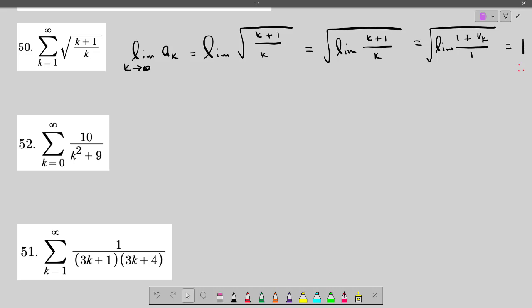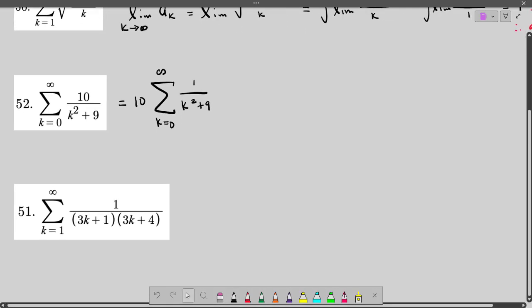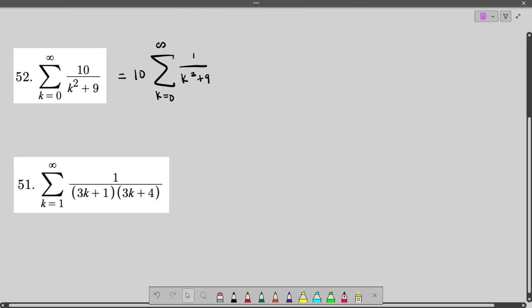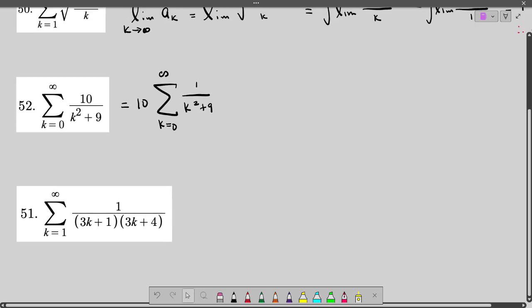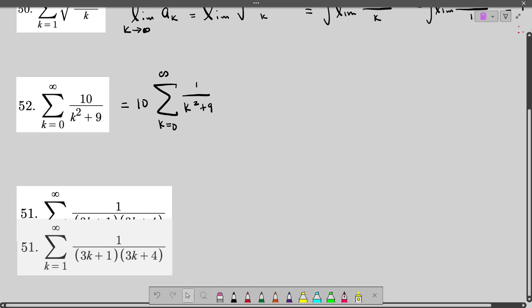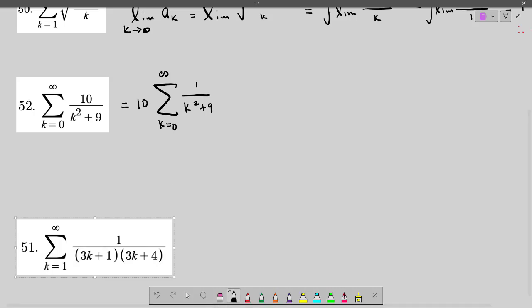If we factor out the 10, the 10 is just a constant. It can factor to the front of the summation, and we end up with this series. So it suffices to look at the integral of just that thing. We can ignore the 10 because multiplying by a constant doesn't change anything.